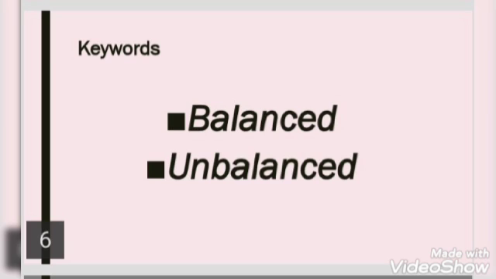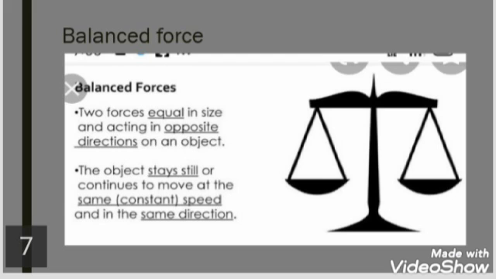First, take your pen and note and write down the keywords. The keywords are balanced, B-A-L-A-N-C-E-D, balanced. Unbalanced, U-N-B-A-L-A-N-C-E-D, unbalanced.